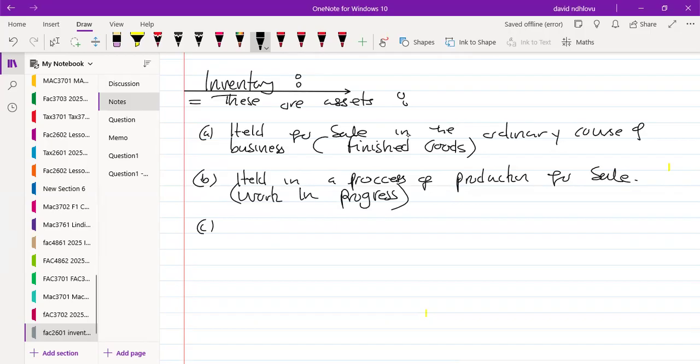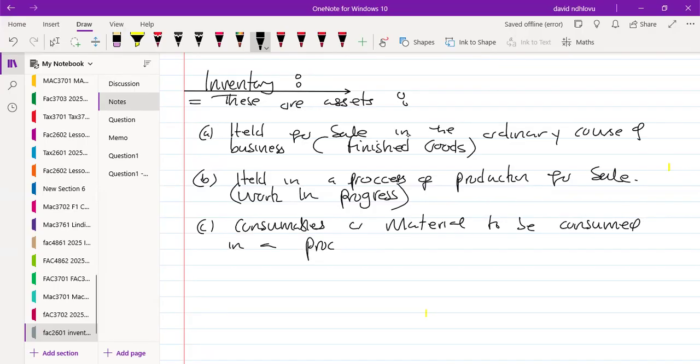Finally, we also have consumables, or material to be consumed in a process of manufacturing.